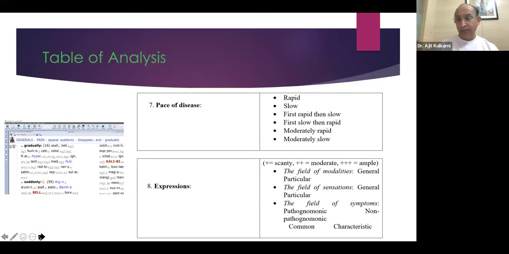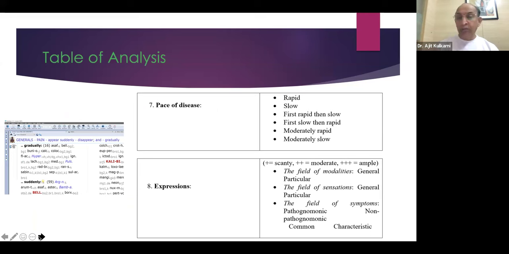Phase of the disease. Phase of the disease is of 6 types. It is analyzed: rapid, like pyrogenium, arsenic album, ferrum phosphoricum, belladonna, solanaceae family. Then you have slow pace of the disease. The speed is slow, gradually deepening pathologies.